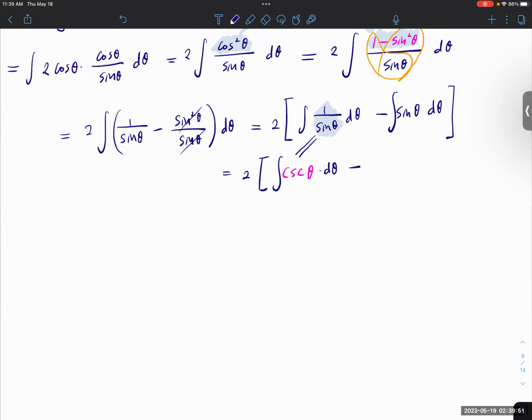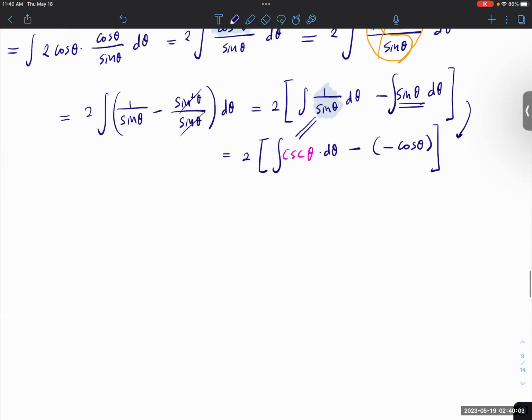And then you know how to take the sine theta integral. It is going to be negative cosine theta, correct? This is from the table. So we need to take the integral from the table. So just go to table. What is the integral cosecant theta? It is going to be ln cosecant theta minus cotangent theta. That's it.